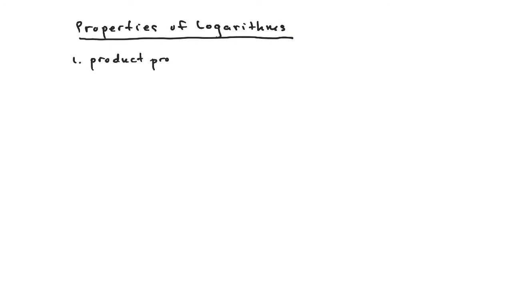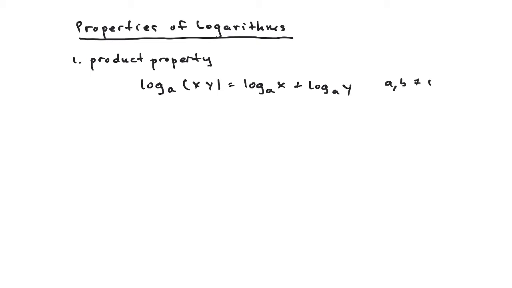of logarithms. And this says that the log base a of x times y is equal to the log base a of x plus the log base a of y. All right, and this is with a and b not equaling 1.